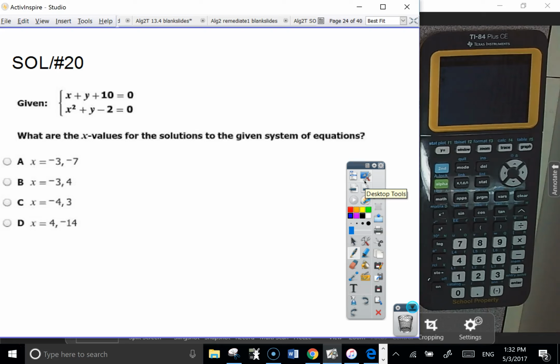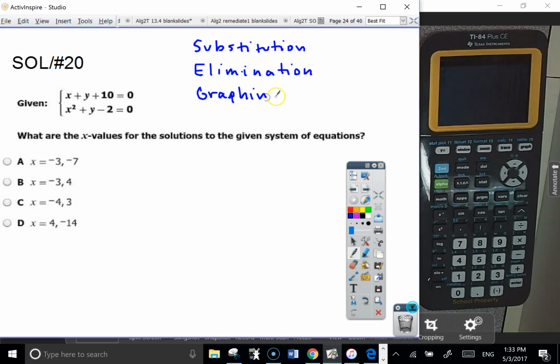What were the methods that we have to solve? Okay. Substitution, elimination, and then one more. For graphing. Right? So how does substitution work? What would be the first step? Right.